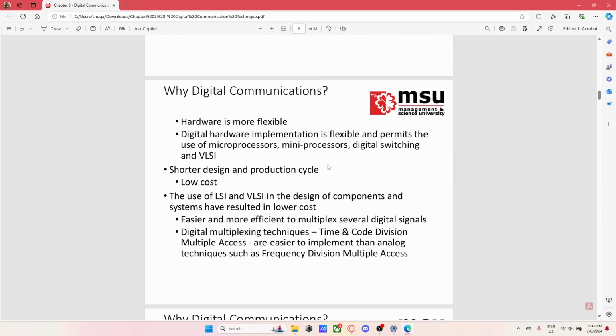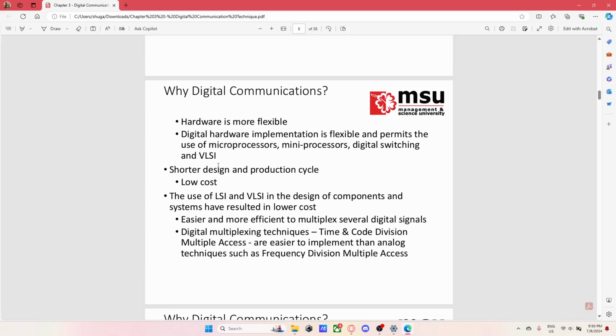So why do we still use digital communication, and why is it better than analog in our daily use? The hardware is more flexible, as it is implemented with microprocessors, minicomputers, and digital switching.